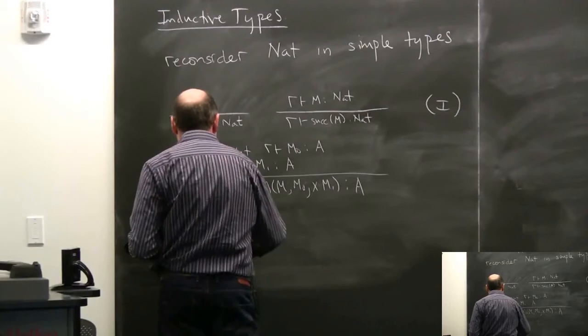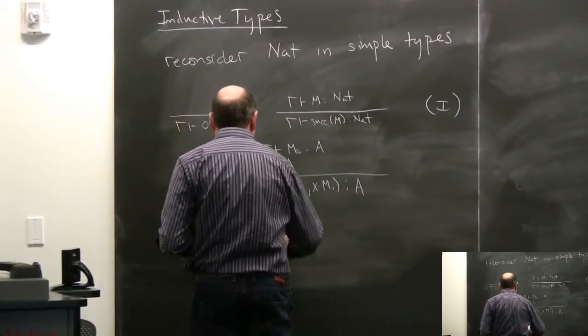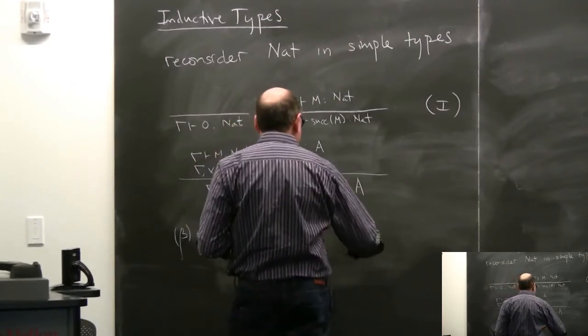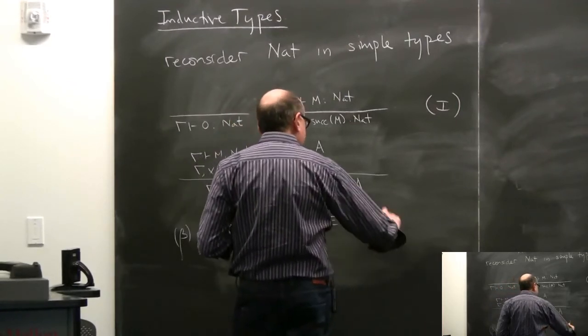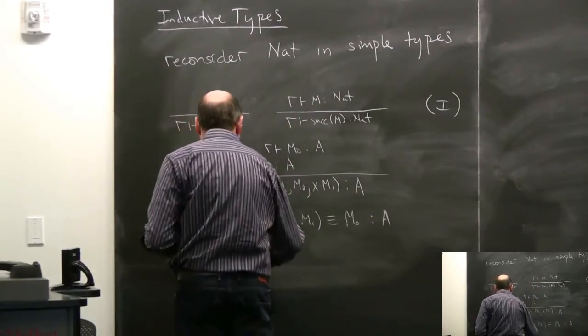And the betas were rec A, 0, and so on. I'm just reminding you, you've written this stuff before, and I want to have it on the board for discussion.